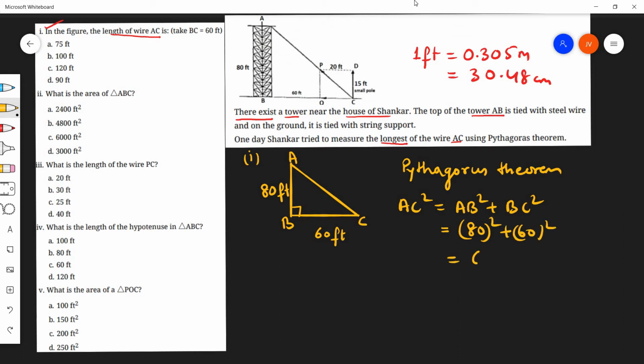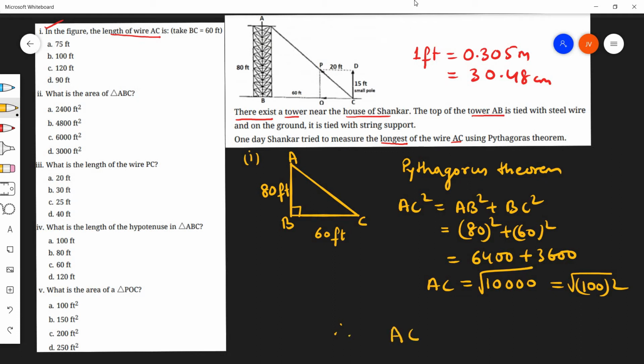On simplifying, we get 6400 plus 3600, and the sum turns out to be 10,000, which is AC square. And AC is the square root of this, which is the square root of 100 square. So the first question, what is the length of wire AC? AC is 100. You can cancel the square root and square. 100 feet. And the first question answer is option B.